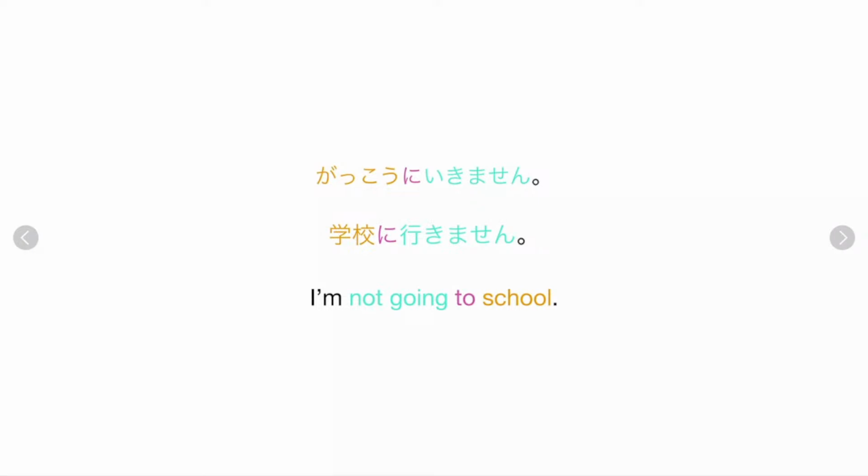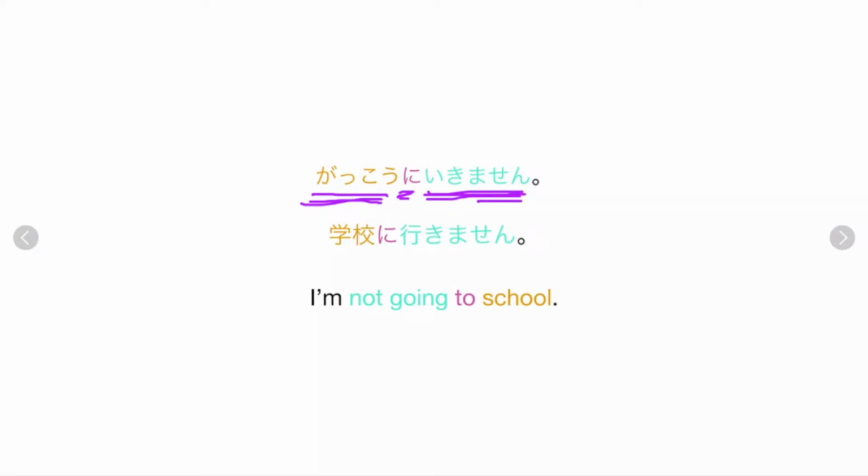Let's extend then what we know with some verb endings, right? 学校に行きません. 学校 is school. So 学校に行きません is I'm not going to go to school. Right? So ません is will not go, polite. And what are you doing? You're going to school. 学校に行きません.